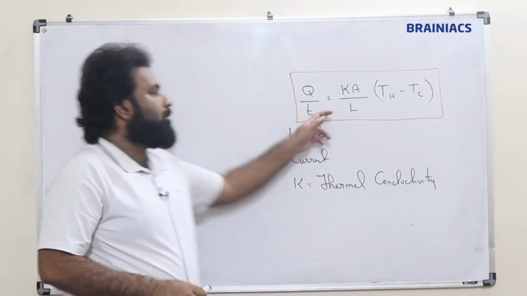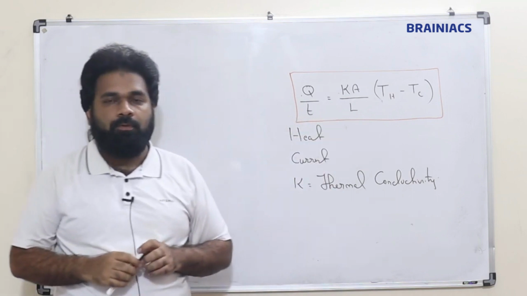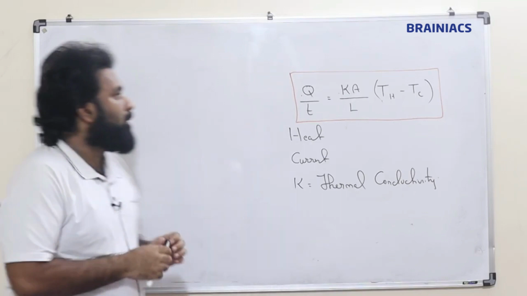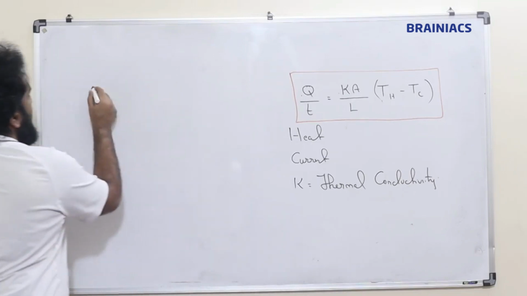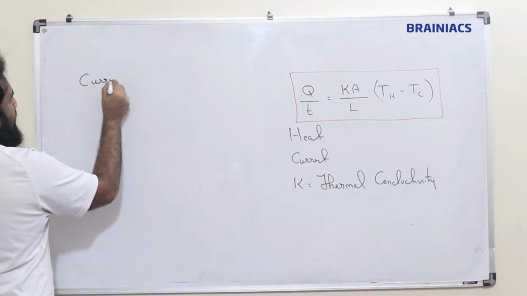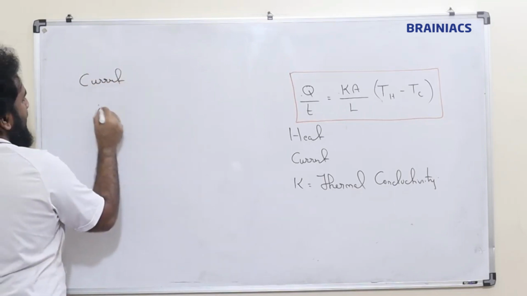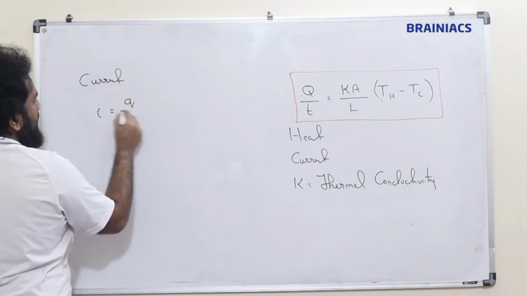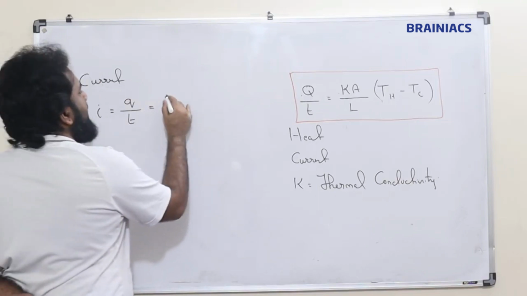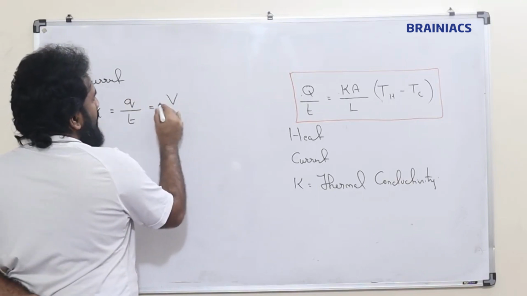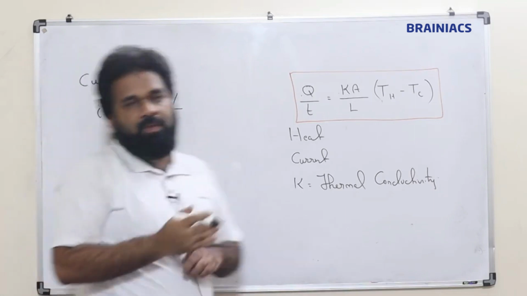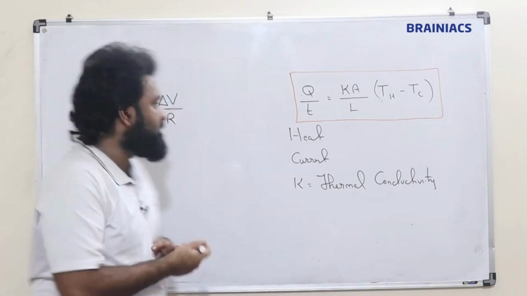See, now this formula we can compare with the current in current electricity. This is heat current, and the general current I is also Q by t. We have studied this as voltage difference divided by resistance.